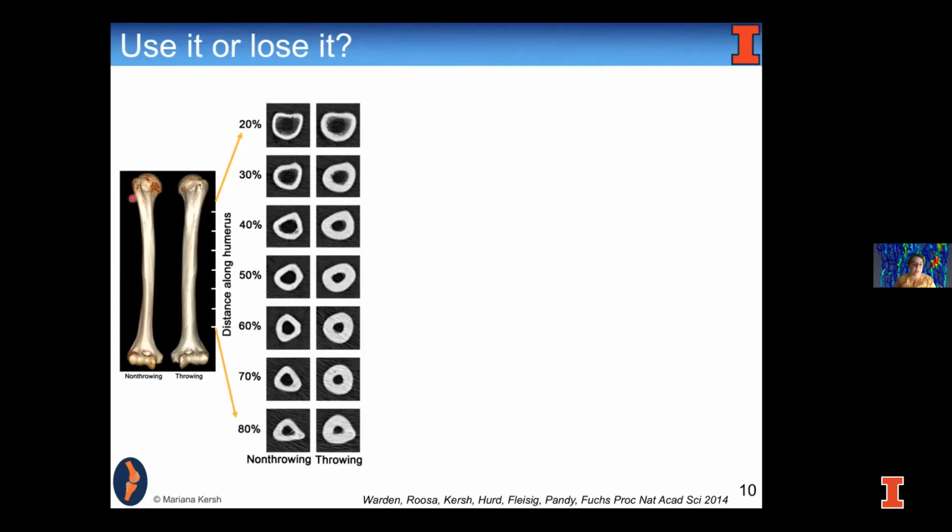The non-throwing arm is shown on the left, and the throwing arm is shown on the right. These are 3D reconstructions of CT scans. And if we look at their cross sections, we can see very clear differences between the non-throwing arm and the throwing arm. Now, mind you, this is an active baseball pitcher. And the question is, what happens after they stop pitching?